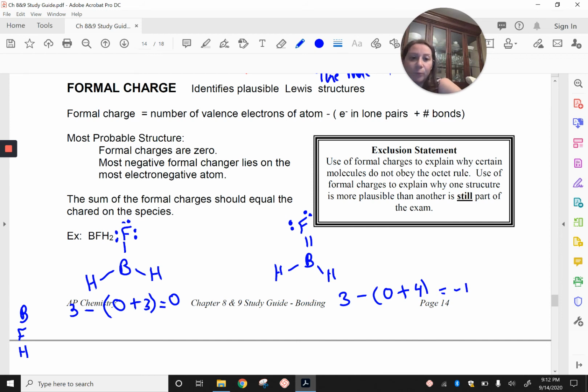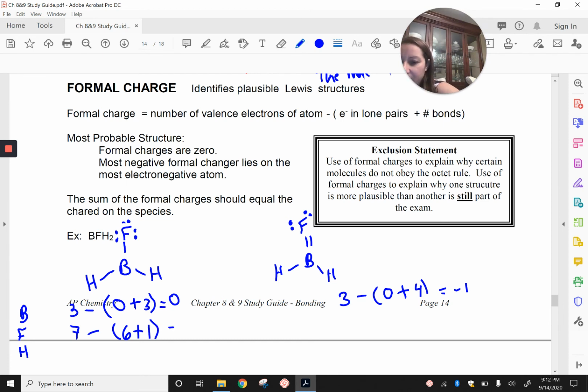Okay, let's do the fluorine next. Fluorine has 7 valence electrons available. So 7 minus the electrons in lone pairs. Notice that this is not the number of lone pairs, but the electrons that are in lone pairs. So each electron counts. There are 1, 2, 3, 4, 5, 6 electrons in lone pairs, and then plus the number of bonds; there's only 1 bond here.